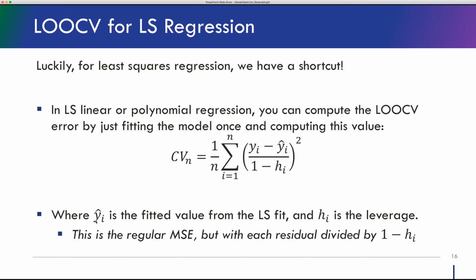And y_i hat is the fitted value from your least square fit. This is actually the regular mean square error, but with each residual divided by 1 minus h_i, 1 minus your leverage. So this is the extra part compared to a regular mean square error. This is the shortcut we can have for least square regressions, for leave one out cross validation.